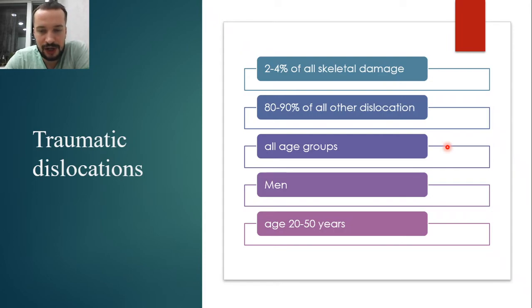Traumatic dislocations are the most common type of dislocation, accounting for 2–4% of all skeletal injuries and 80–90% of all other dislocations. They are observed in all age groups, but mainly in people aged 20–50 years, who account for 60–75% of injuries.